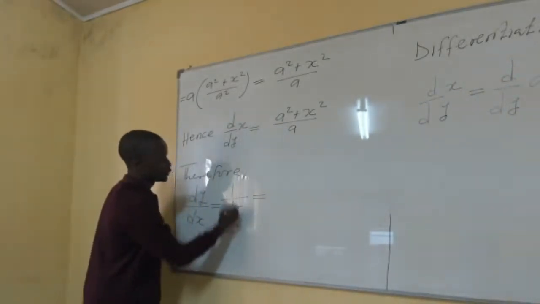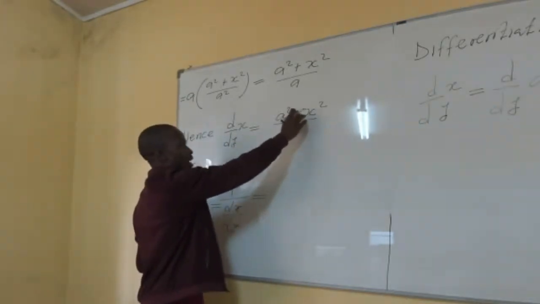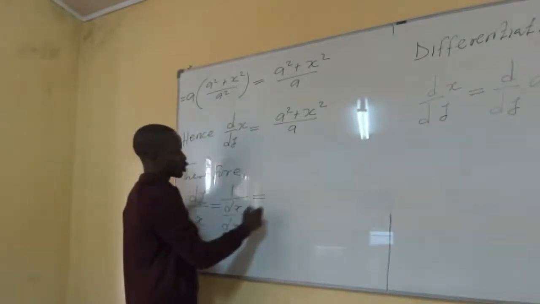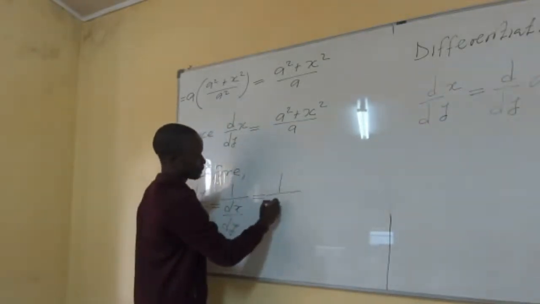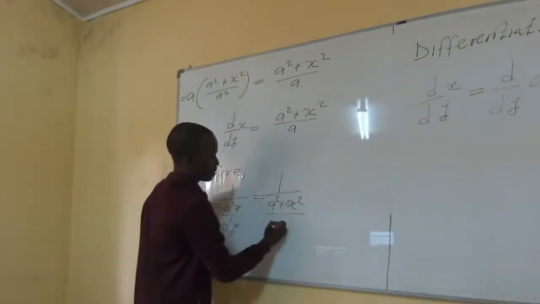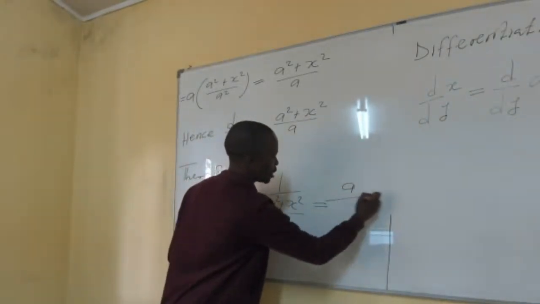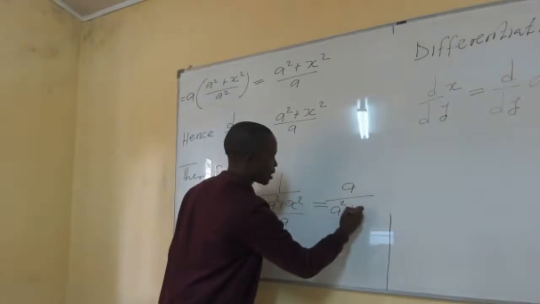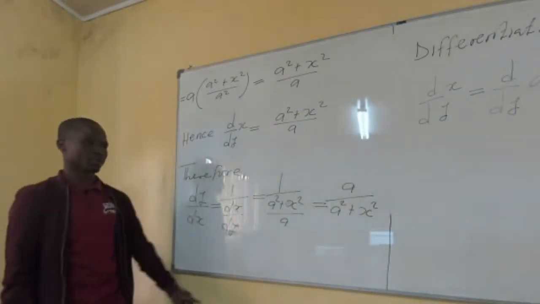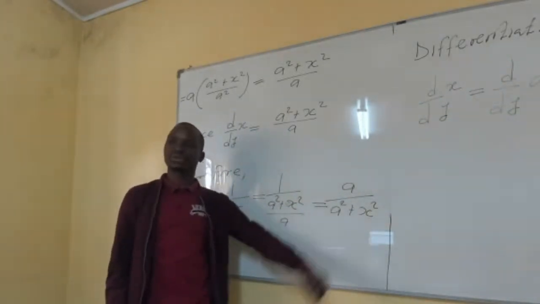So if we solve this equation, dx dy equal to a squared plus x squared over a, and solve for dy dx, what we're going to get is a over a squared plus x squared. So the derivative of y with respect to x is equal to a over a squared plus x squared.